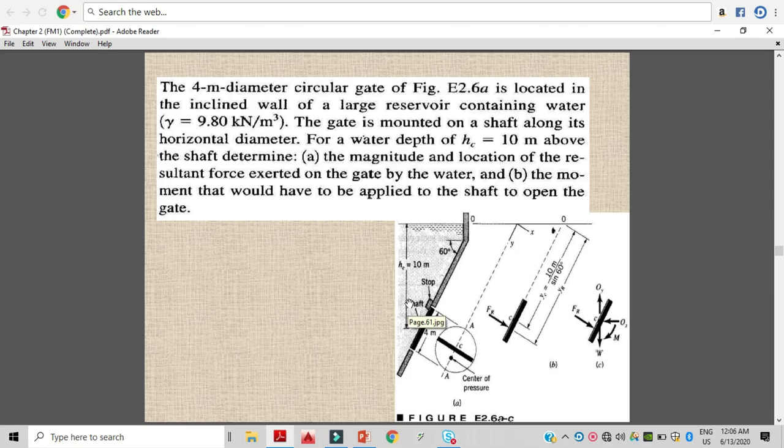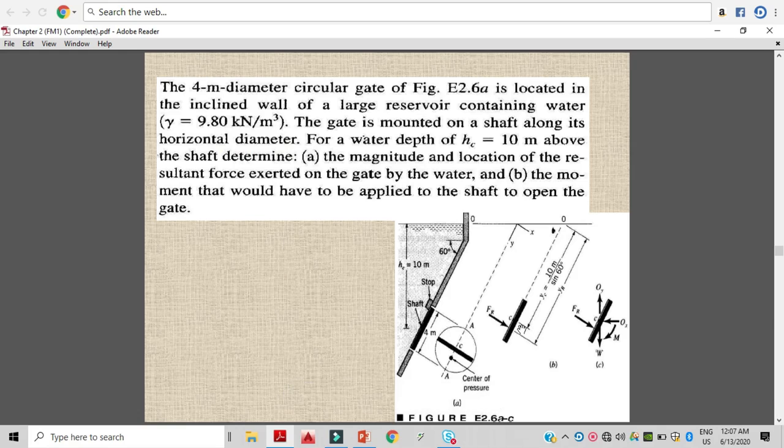So we know the formula to calculate the net resultant force: it is equal to gamma hc into A. What is gamma hc? Gamma is given as 9.80 because the fluid is water, so gamma is 9.80 kilonewton per meter cubed.